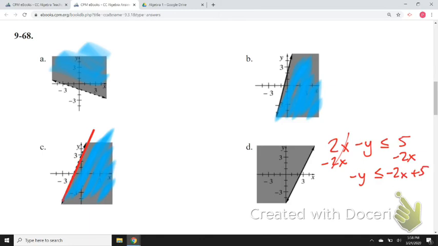And if you recall, you have to get rid of that negative in front of the y by dividing or multiplying by negative 1. Here I divided. Because we're dividing by a negative, the inequality changes to greater than or equal to. That's why the shading is slightly different. It's going to be 2x minus 5. Since it's greater than, we are shading in an upward motion.